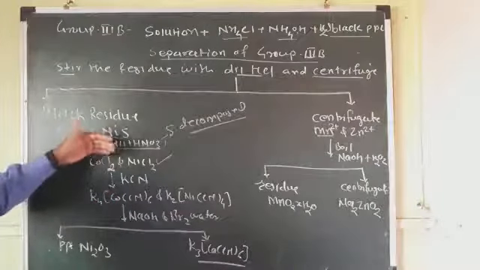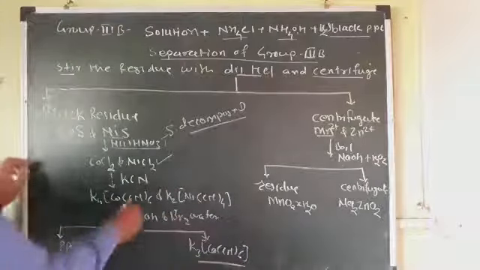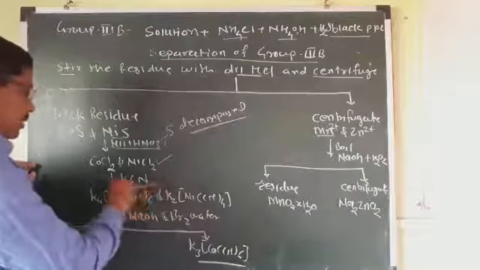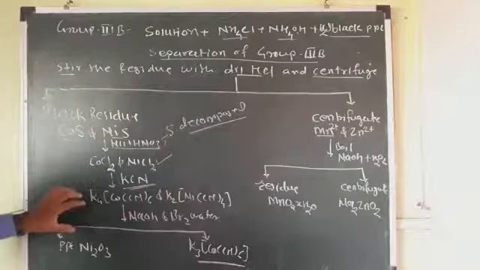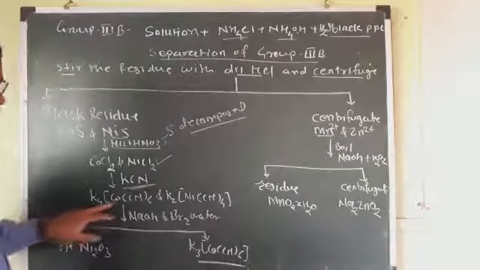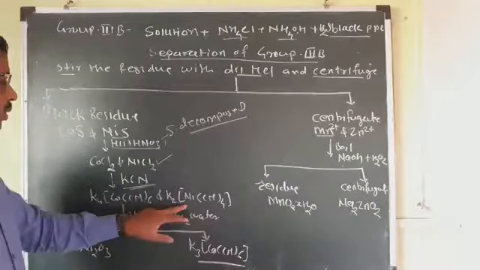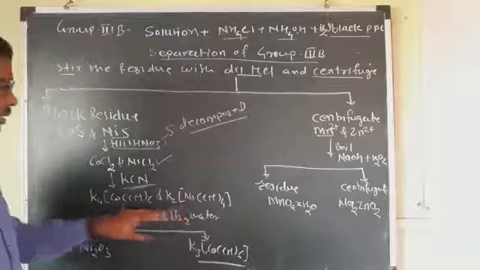Again, the chlorides of cobalt and nickel are treated with potassium cyanide to form potassium cobalt cyanide and potassium nickel cyanide.